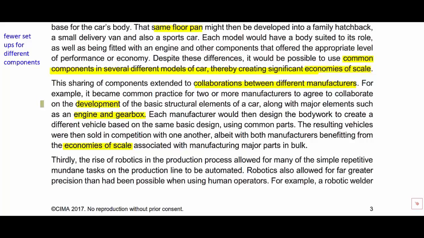They're going to be used by multiple manufacturers, so they're going to achieve cost savings there too.